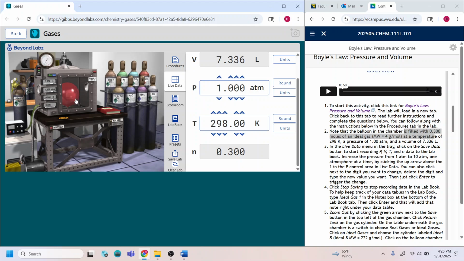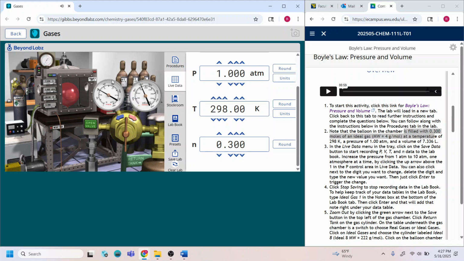What we're going to do over here is press on the ideal gas. It needs to be an ideal gas. This is our first setup, and it's called ideal gas 1. The molecular weight for this ideal gas is equal to 4. You see here, this ideal 1 molecular weight is equal to 4, so you're going to press on that.